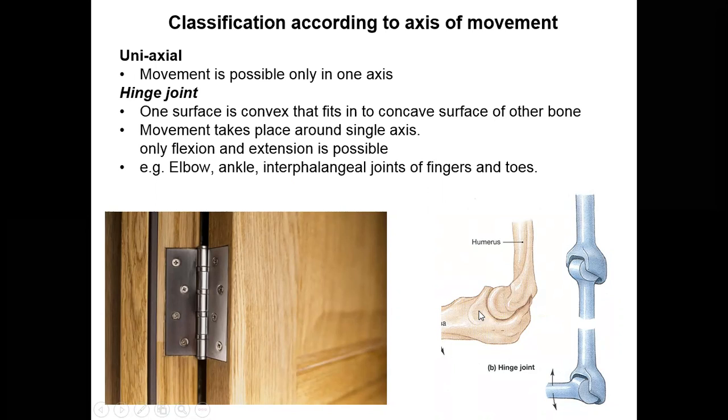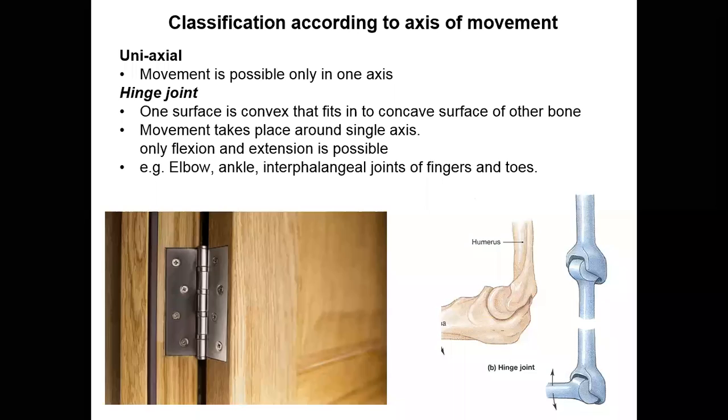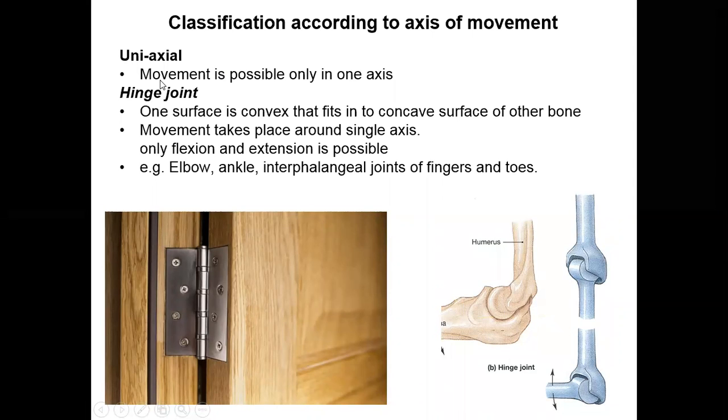Now movements are happening in a single axis. If you try to do movements in the elbow, you can do only flexion and extension. So the movements are in a single axis. Other examples are the elbow we already described, the ankle, and the interphalangeal joints of fingers and toes. So this is regarding the hinge joint. Remember, it is a uniaxial joint.